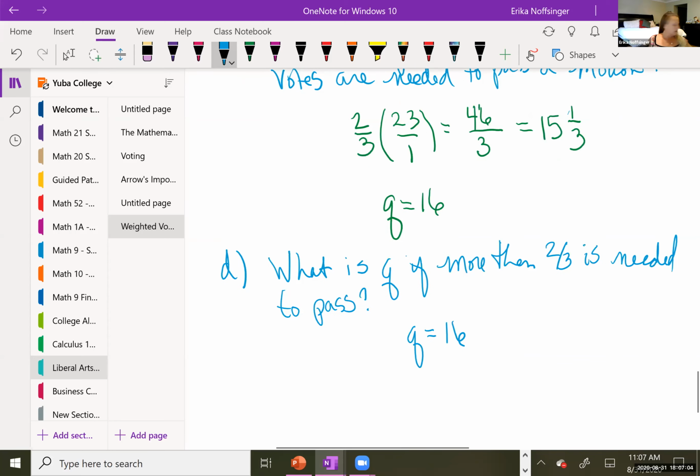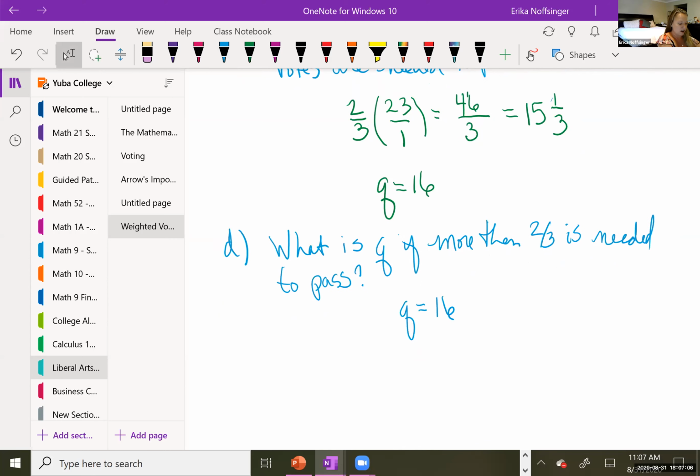Okay, so another terminology are players that have veto power. If a player is needed in order to pass a motion, they are considered to have veto power.